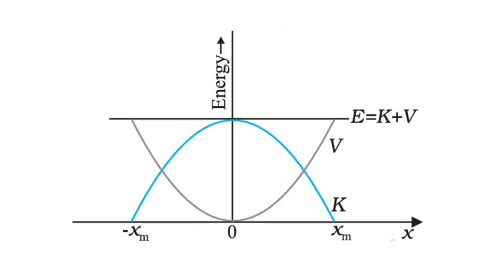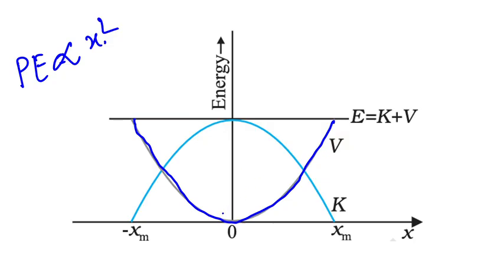Just a few minutes more. Here is the thing. This is showing potential energy. Look, this is a parabola, as potential energy is proportional to x square, and this is kinetic energy.